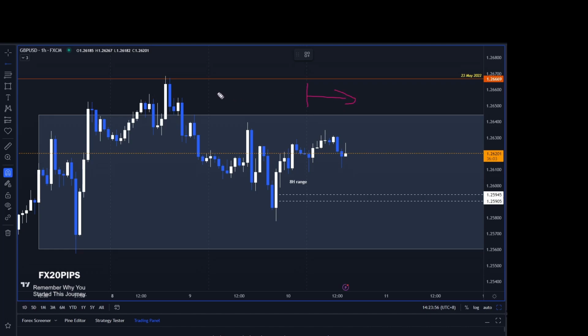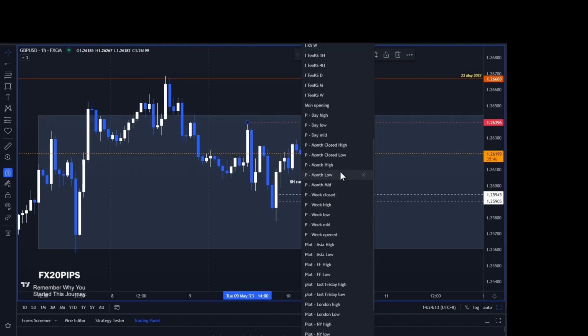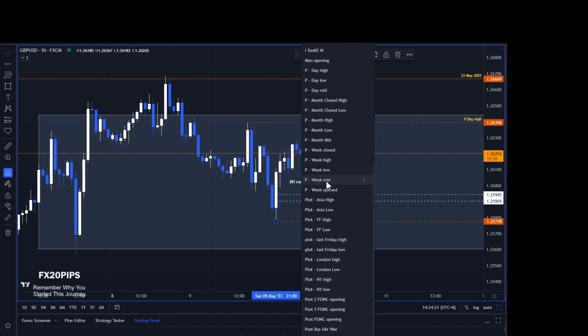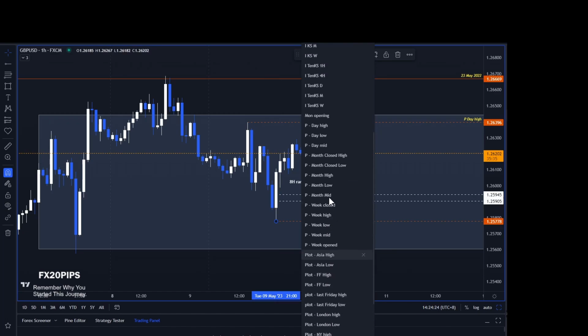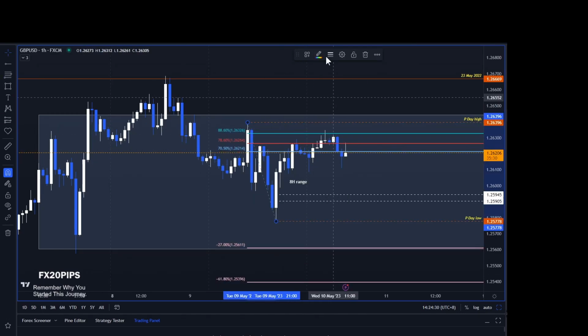Here onwards is today. This was yesterday, right? So let's go and find our previous day high, which is here. We go to previous day high, previous day low. Find a midpoint, need 50.